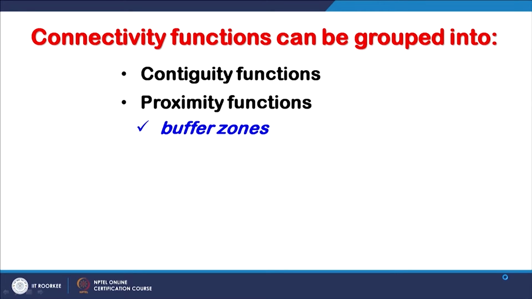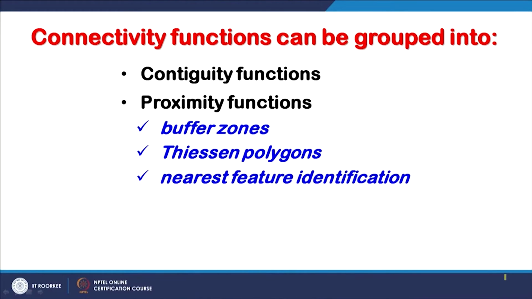So, that is proximity, directly connected. Similarly for polyline and polygon. In proximity functions also comes the Thiessen polygon, which we discussed while discussing interpolation techniques, and nearest feature identification, which we also put in these proximity functions.